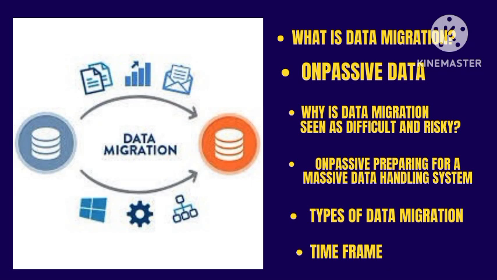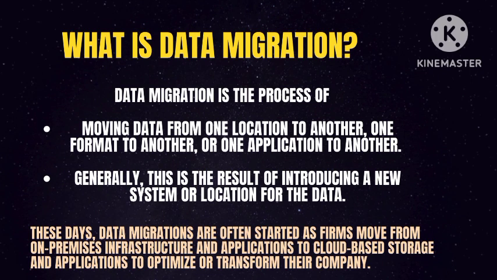So now my dear friend, first things first, what is data migration? Basically, data migration is the process of moving data from one location to another, one format to another, or one application to another. This is a basic thing. Generally, this is the result of introducing a new system or location for the data.